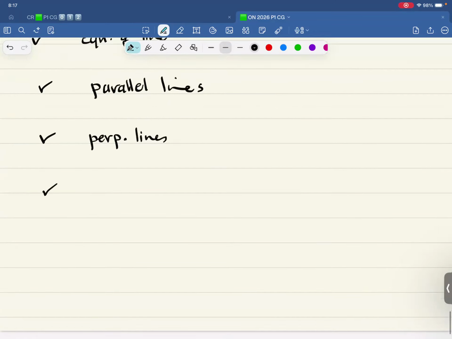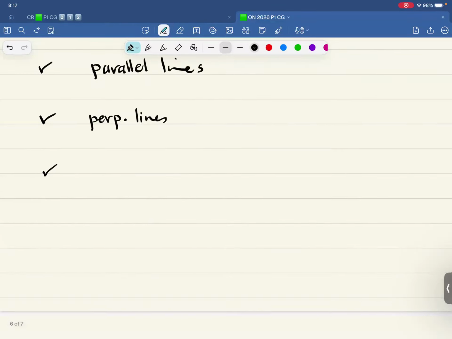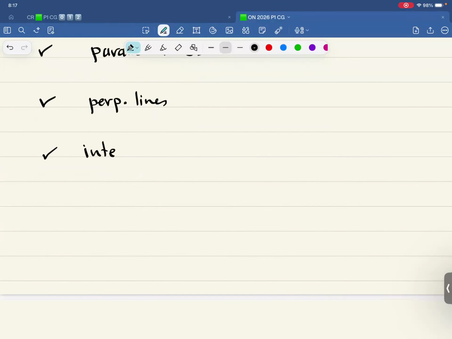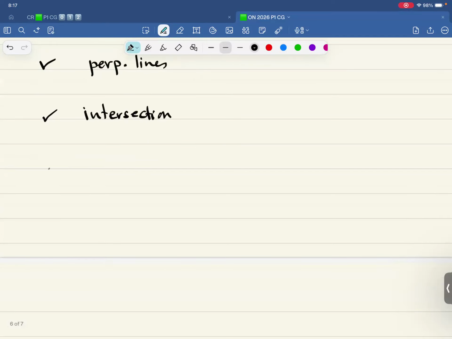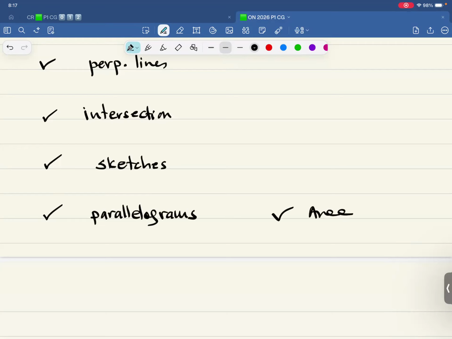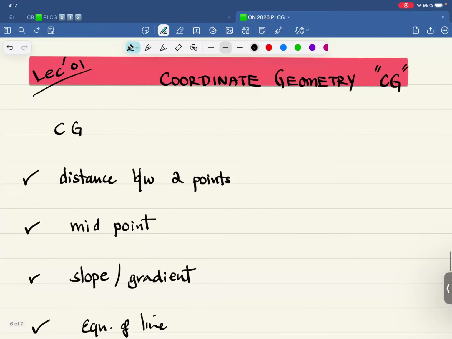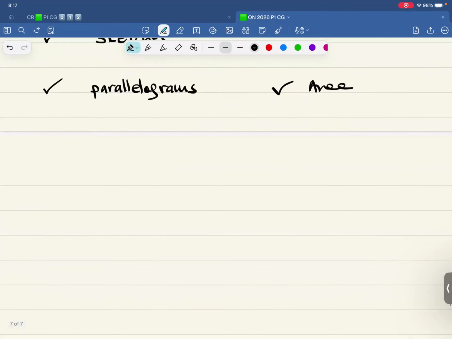We can talk about intersection, line intersecting with x-axis, line intersecting with y-axis. We can talk about sketches of these things. And then something to do with parallelograms. This would be new. That would be coming at the end. We can talk about area also. So these are the different things that we talk about.